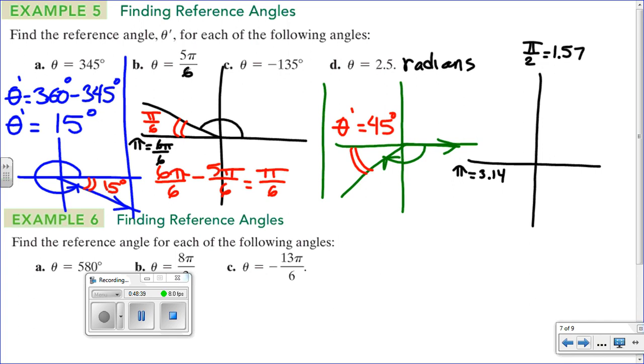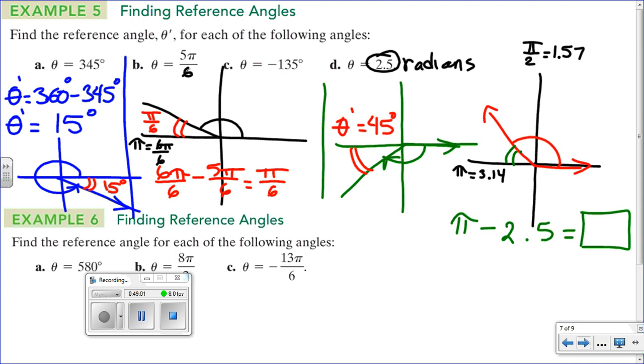So the 2.5 is going to be somewhere in between, right? So we start here, and then it will be somewhere over here. Okay. So now to find my reference angle, I should say pi minus 2.5.